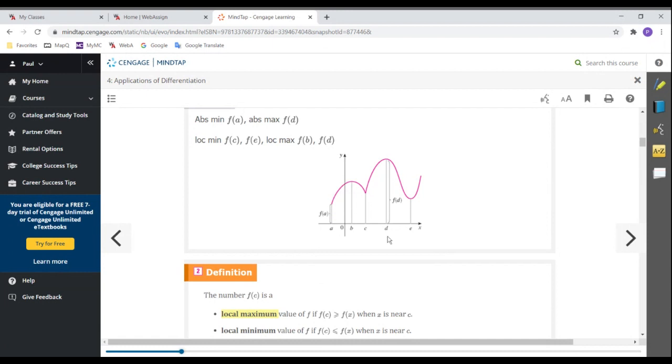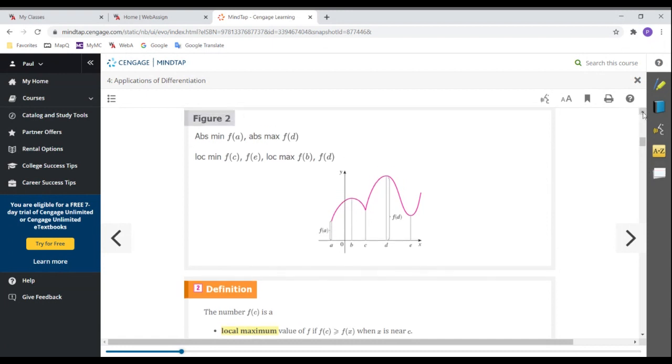In this figure, figure 2, they've drawn a picture of this purple function. It's not a pretty function, but it does pass the vertical line test. I mean, it is a function.